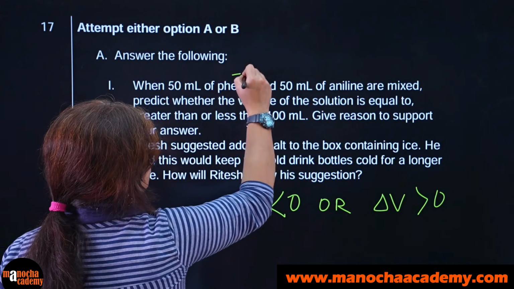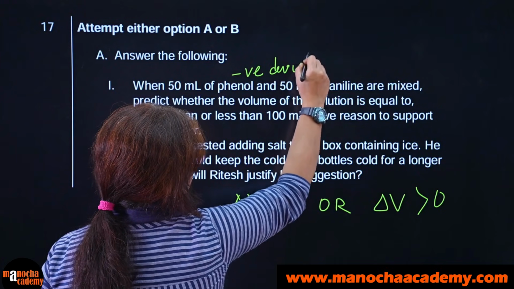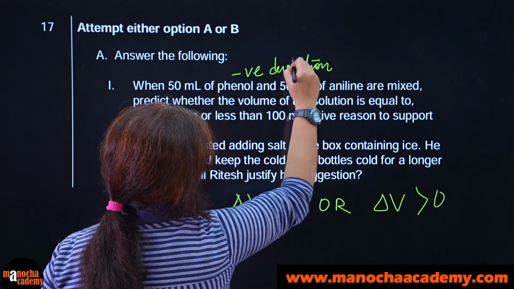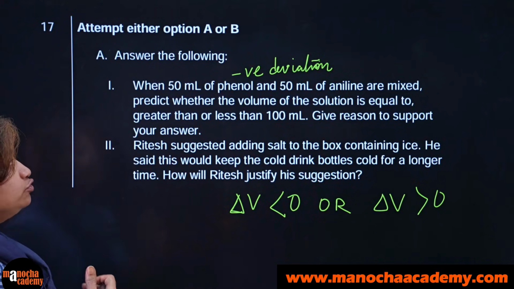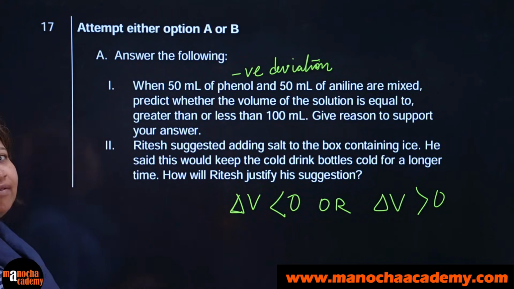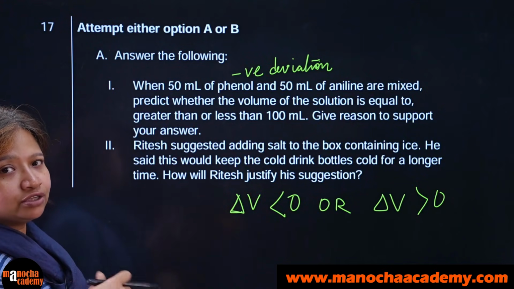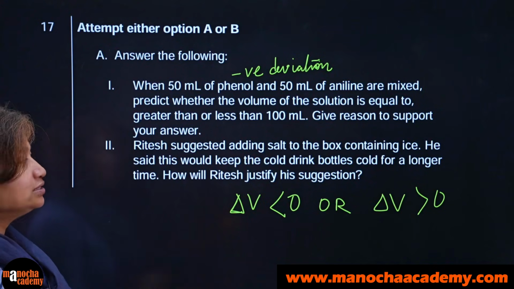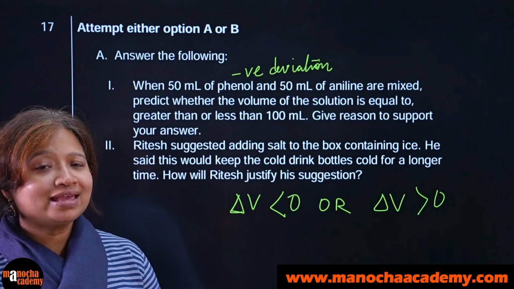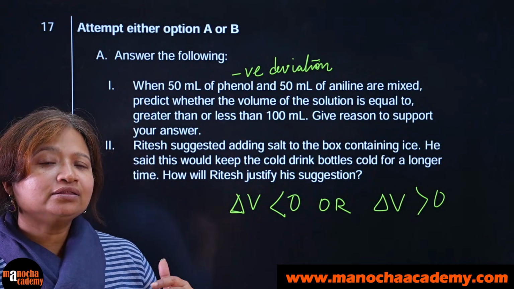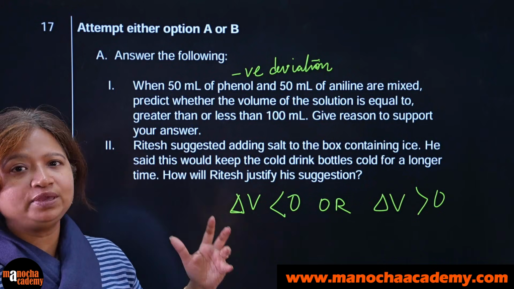So for justification, we are going to mention this negative deviation of Raoult's law, where negative deviation means the vapor pressure of the solution is lesser than that of the corresponding solution components. Vapor pressure being less means that the AB interaction is stronger than AA or BB, right?